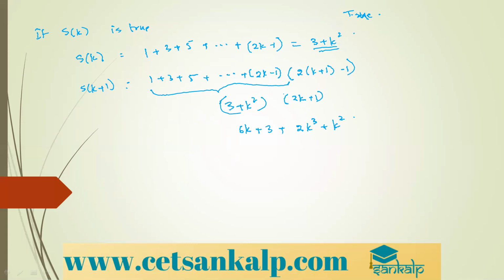And after that, the next term is 2 into k plus 1, that is 2k plus 1. I am multiplying. So what I can write is, I have to get this answer. I have to get 3 plus k plus 1 whole square.